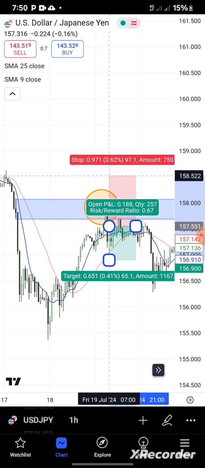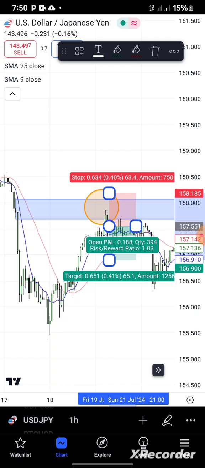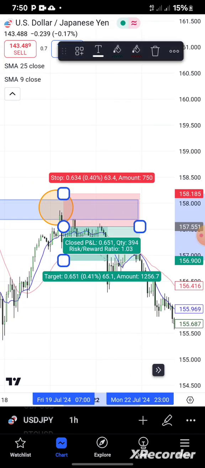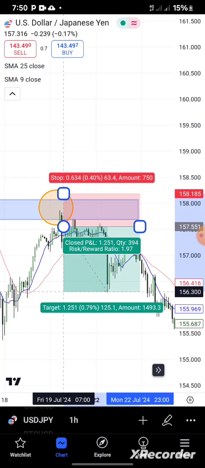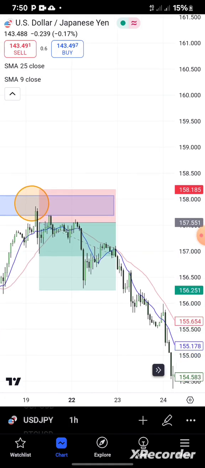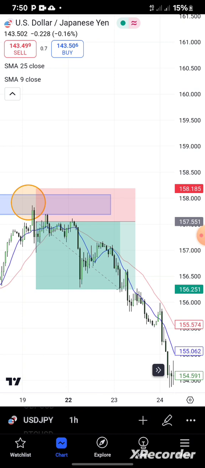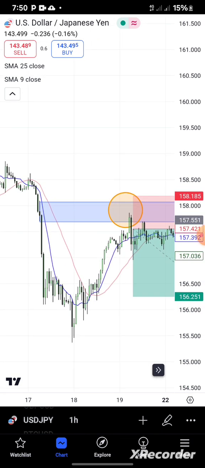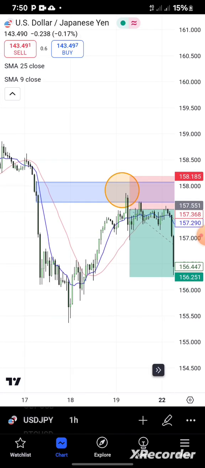You place your stop loss above this zone, then you target a 1:2. You can see as soon as the price hit this zone, it went to the downside.